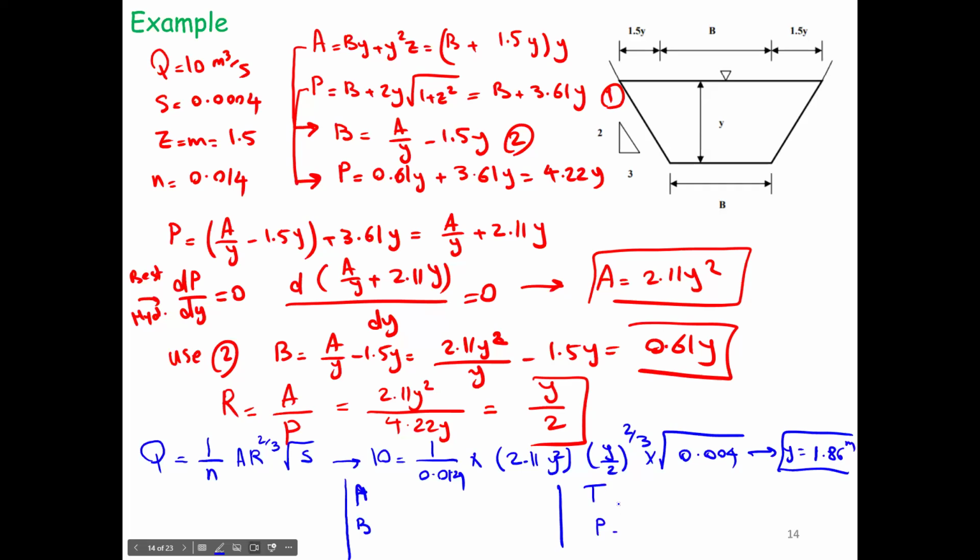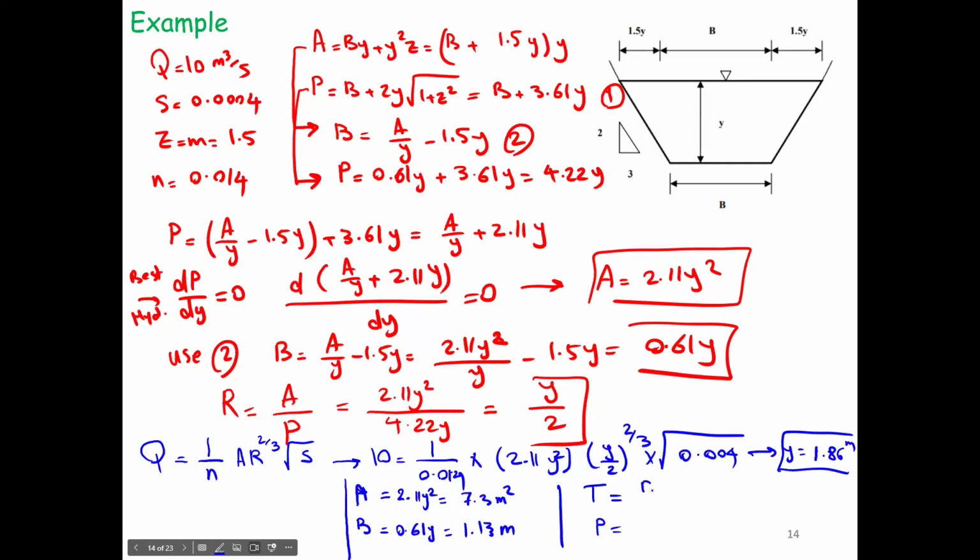Since it says design, I need to have area, B, T, and P. For area, if you remember, you had 2.11 Y squared, which is going to be 7.3 square meter. For B, you have 0.61Y, which is 1.18 meter.